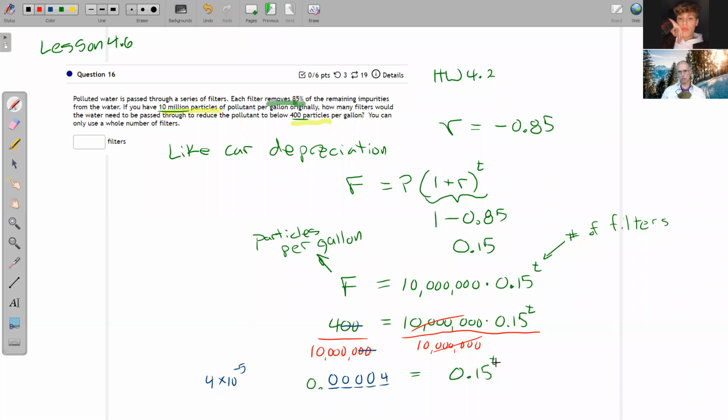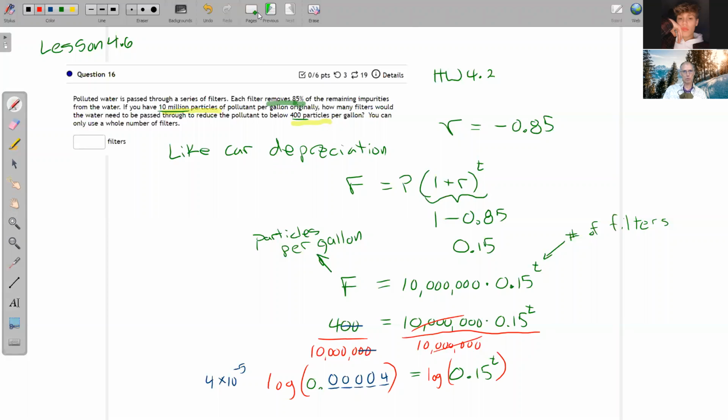Anybody know what the next step is here? How do we get a power out of the power position? Square root it? That would only be if the power was a 2. Good guess, though. Would you take the log of it? Yeah, logarithms get the power down. So in this case, I want to do log on each side.